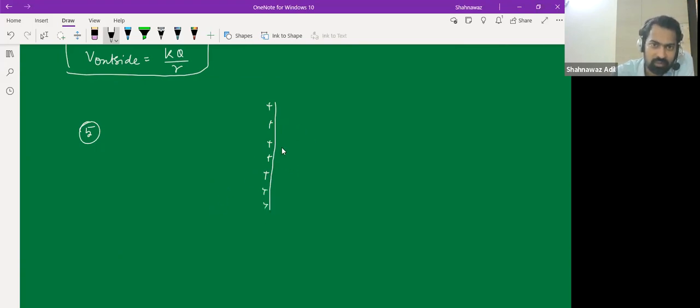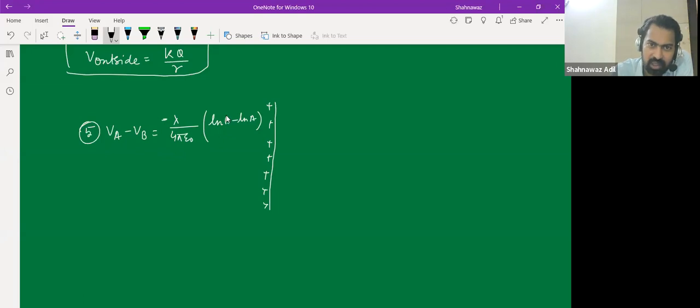So we proved that this was VA minus VP, and this was lambda by 4 pi epsilon naught times something like 2 ln V minus ln A. This was the case, right?